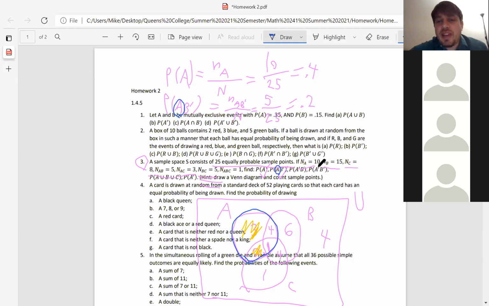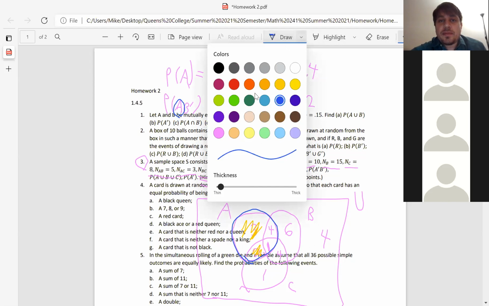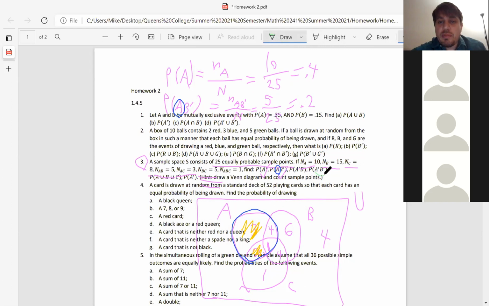And just probability of A prime B prime, right? That means it's not in A and not in B. So A prime B prime, well, almost. So this 1 is not in A and not in B, and the 4 also isn't.